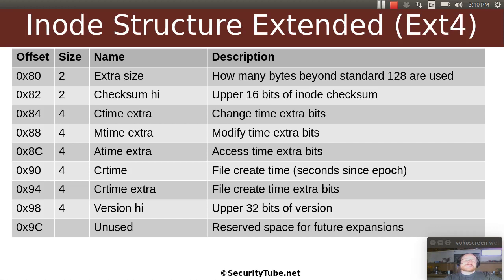Now remember that only ext4 file systems might have these extra parts of an inode, but we have something that we haven't had before, and that something is a file create time. And then we have the create time extra bits as well. We'll talk about how to decode those in a future video. And then we have the version and unused space. So that's kind of our generic inode.